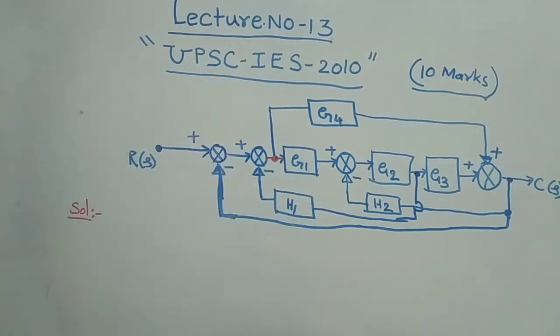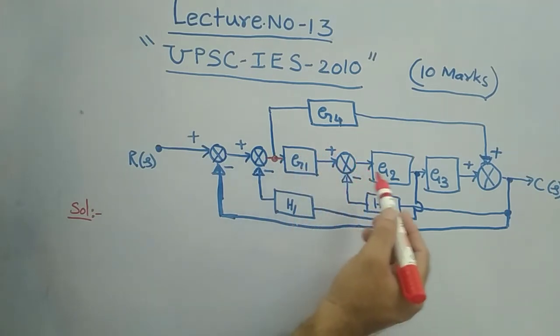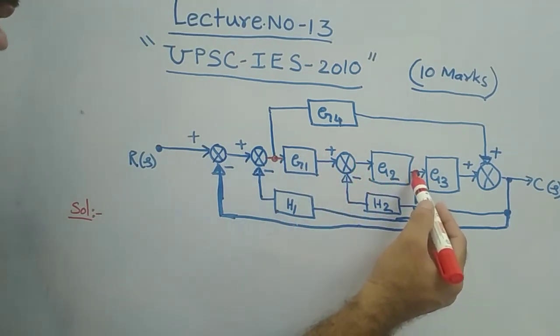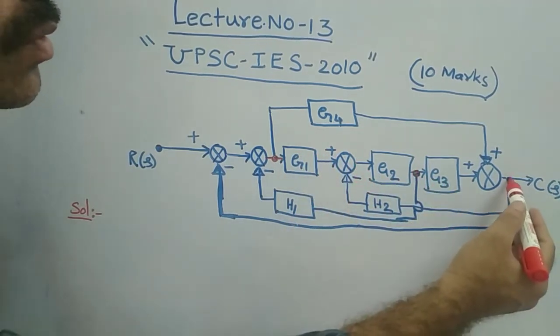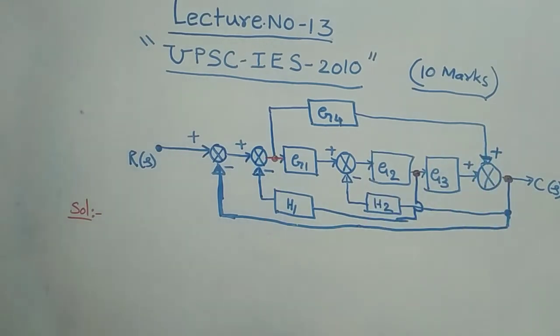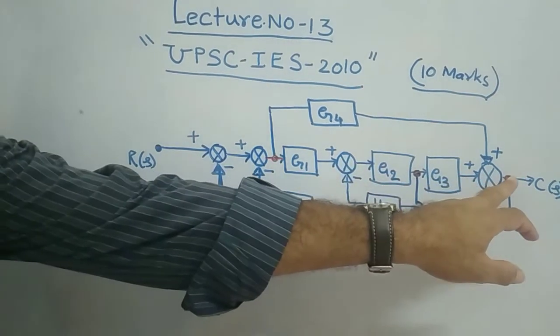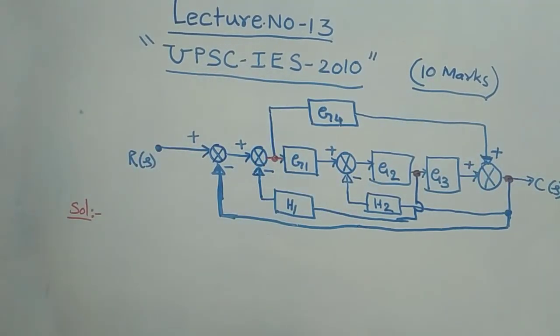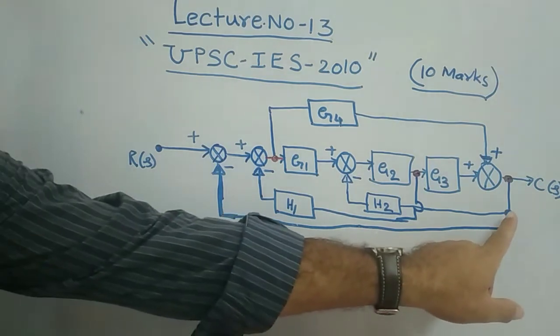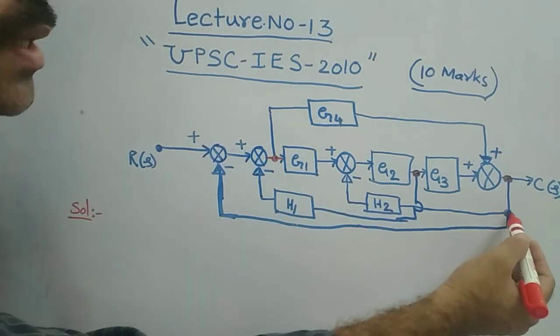Remember, from the beginning I am explaining the same to you all. So this is called a takeoff point, and this is another takeoff point, and this is another takeoff point.